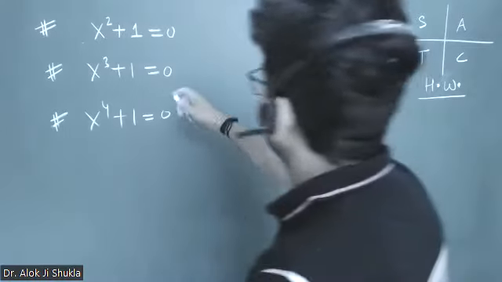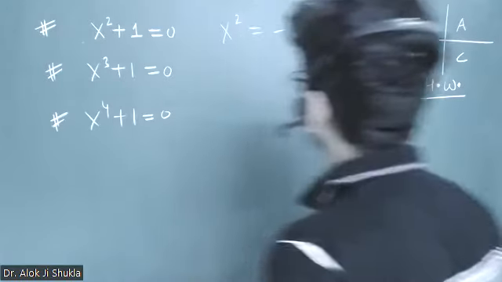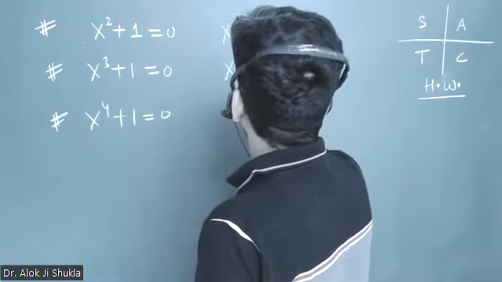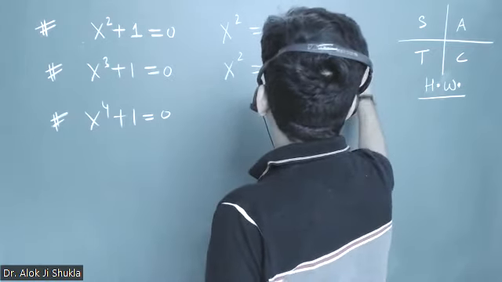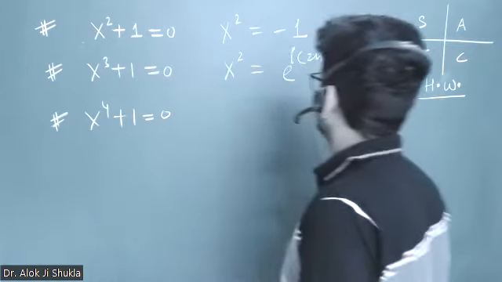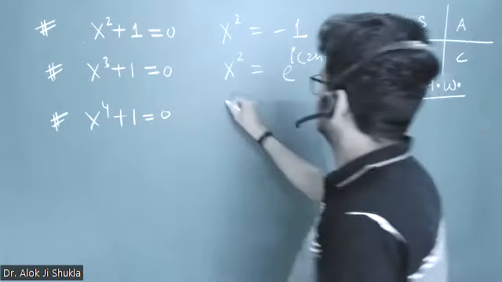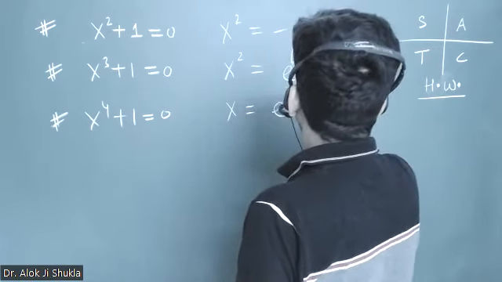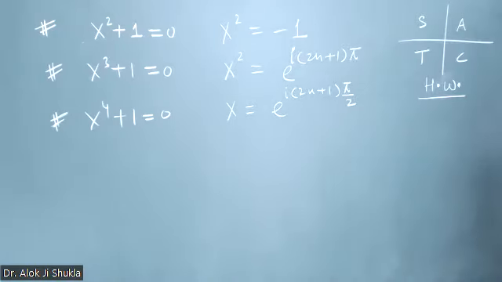So can I start from this? X square is equal to minus 1. So x square is equal to e to the power iota 2n plus 1 pi. So x is e to the power iota 2n plus 1 pi by 2. Yes?